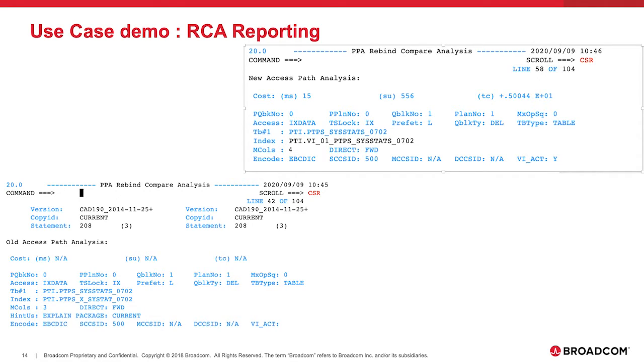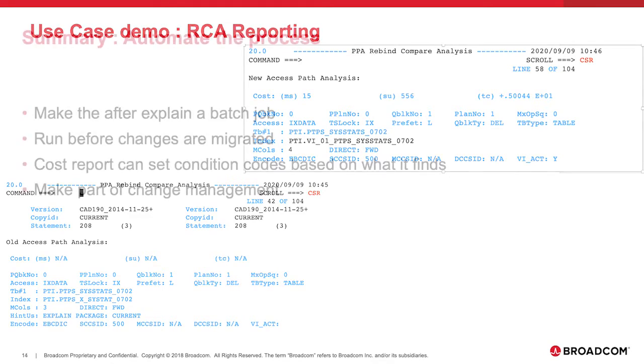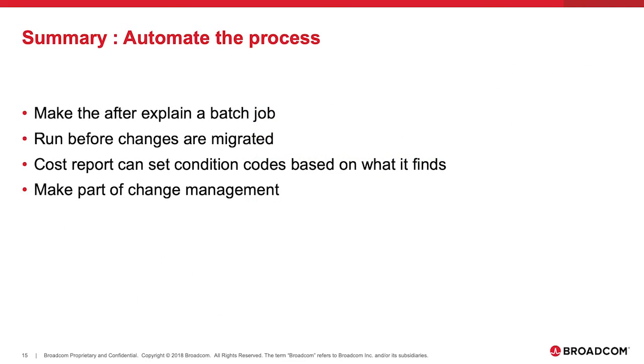In the summary, our suggestion is to automate this kind of process. At the end of the compile phase, you can create the Plan Analyzer step as a batch job in order to understand the access path and your performance before the real migration.